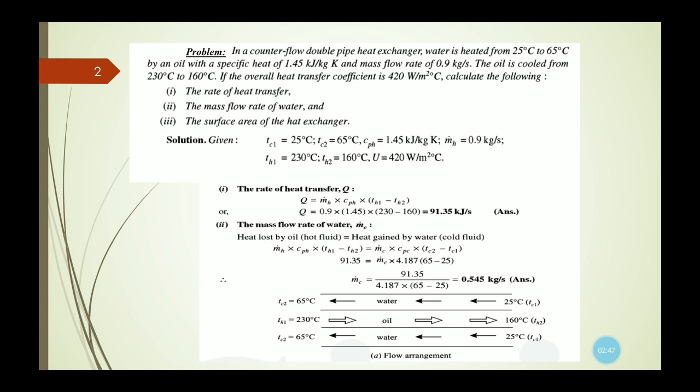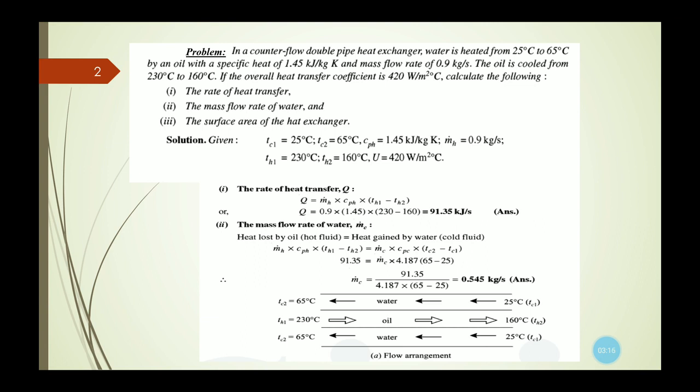Then TC2, that is the temperature of the cold fluid, that is the water outlet. It is given 65 degrees centigrade. Then CPH, it is given 1.45 kilojoule per kg Kelvin. Mass flow rate, it is given 0.9 kg per second.